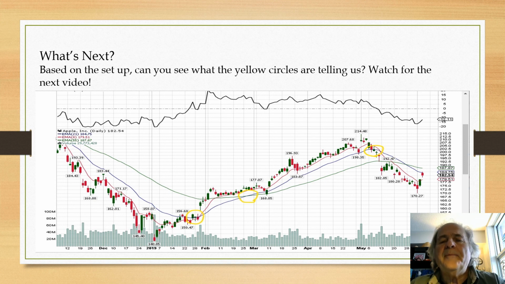Now remember, our goal here is to take us out of the equation. That's you and me. We are the weakest links if we are allowed to think about our trades. So we want to be as objective as we can. We want the price to dictate to us when we get in and when we get out. We don't want the "it looks like" and "it should have" and all of those things.